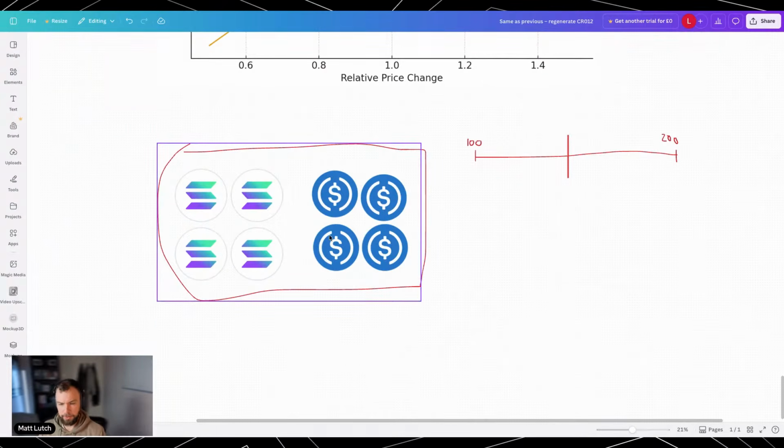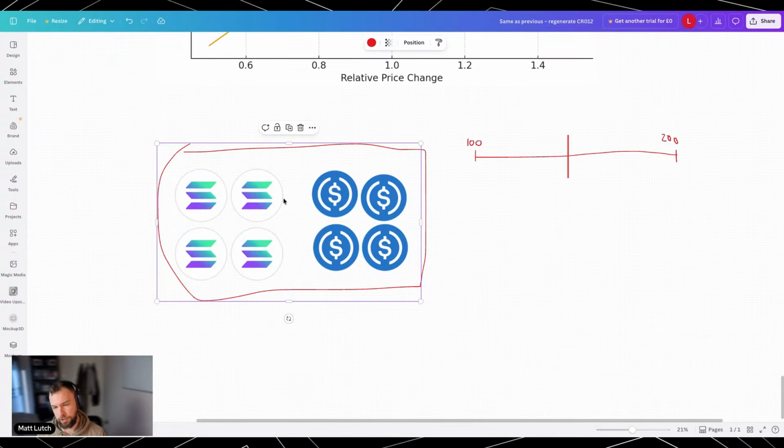When you start a pool, you usually start with an equal upper and lower boundary. Most times, and for the sake of this example, we will. So that means if you had, say, some Solana, you deposit in this pool, this is what it would look like.